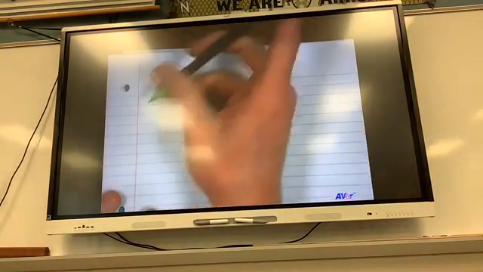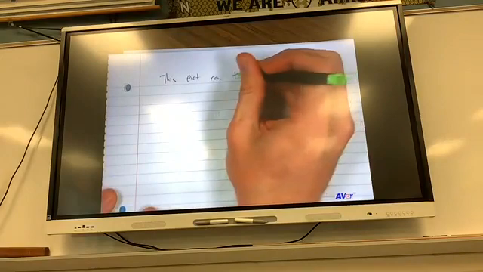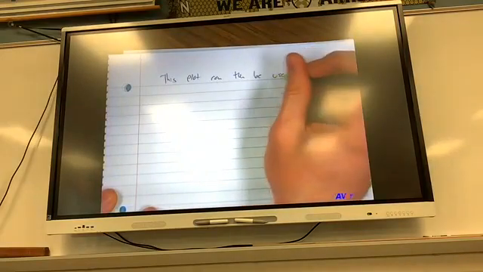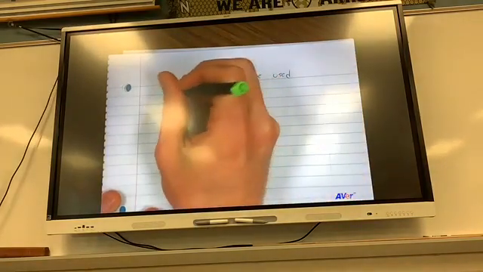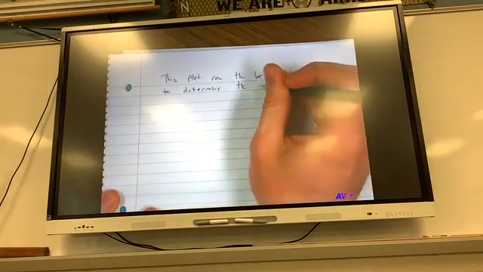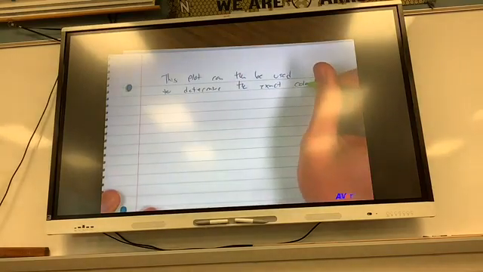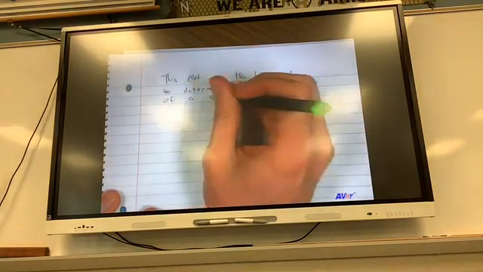So, this plot can then be used, once we have that, to determine the exact color of a substance. The plot meaning the graph. Correct.